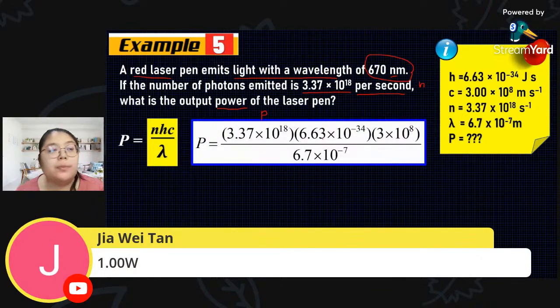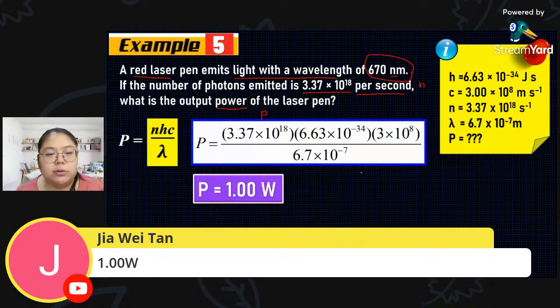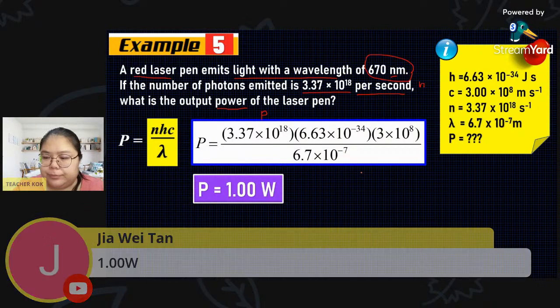All the things in. You see, the calculation is so complicated, so many things to press, you need to press one by one. After that, over the lambda. So the answer is 1.00 power. The power unit is watt. So Jiawei and Yiru are also correct.